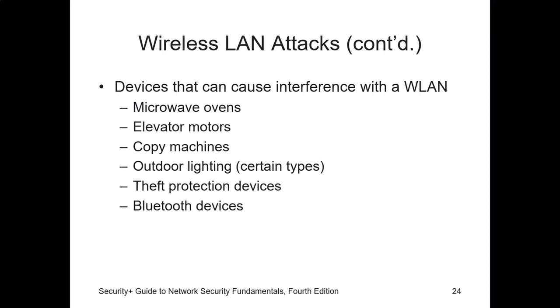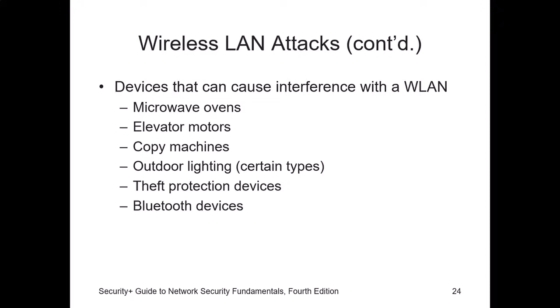If your office is right next to an elevator, that could be an issue. You want to make sure the wireless access point is nowhere near an elevator, because as soon as the elevator kicks in, it's a big, huge electromechanical motor, and it emits electromagnetic interference. Copy machines, outdoor lighting, theft protection devices, Bluetooth devices, depending on how much power they have. Your cordless phones at home, if you still have them, they all can interfere.